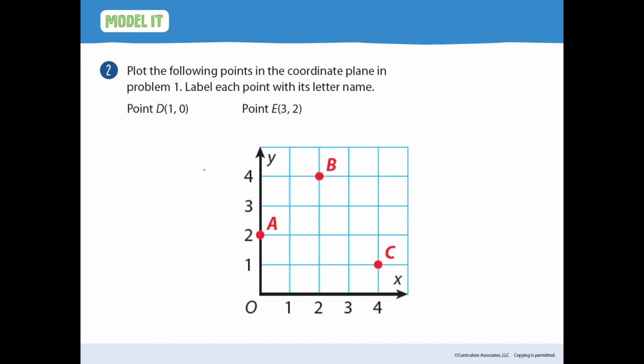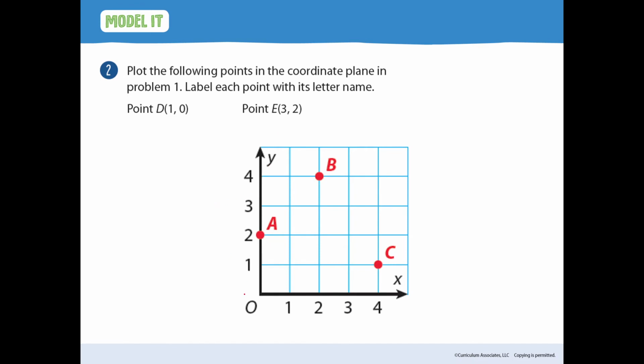Number 2. Plot the following points in the coordinate plane in problem 1. Label each point with its letter name. So point D is at 1, 0, and point E is at 3, 2. Please pause and put your points on the coordinate plane and then press play to check.